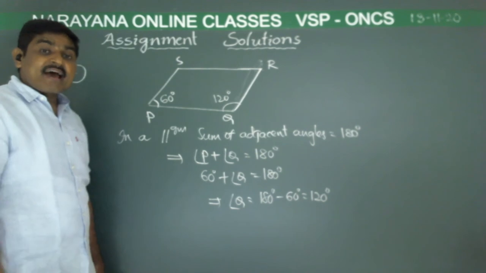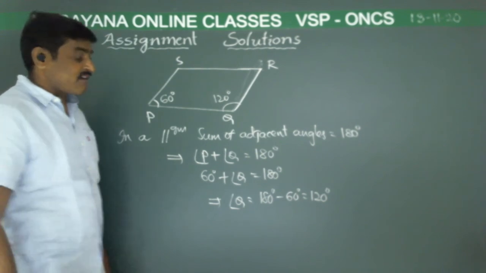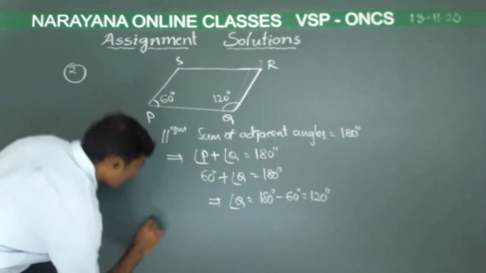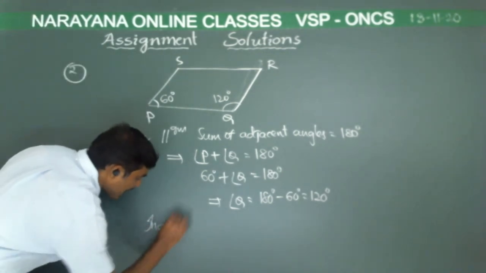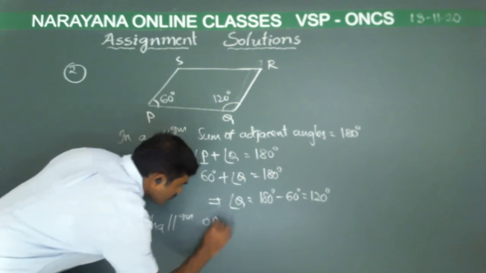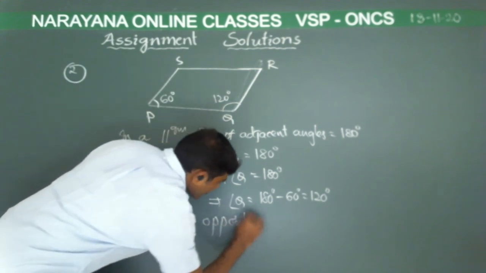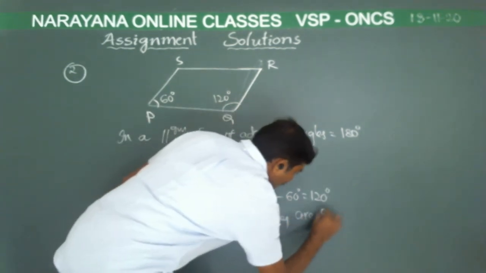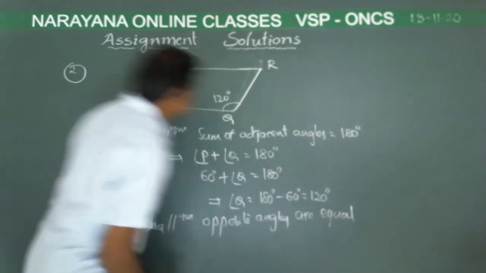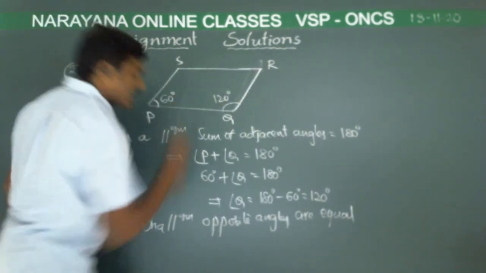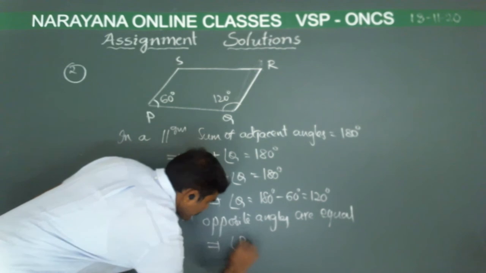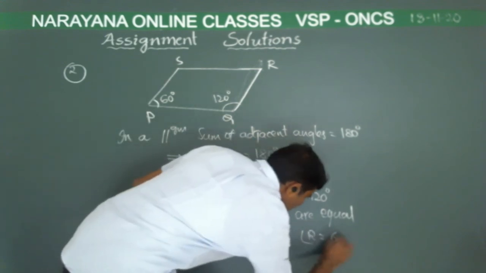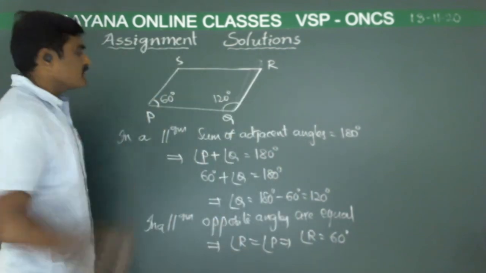At the same time, in a parallelogram, opposite angles are equal. The opposite angle of angle P is angle R. So angle R is equal to angle P, which implies angle R is equal to 60 degrees, since angle P is equal to 60.